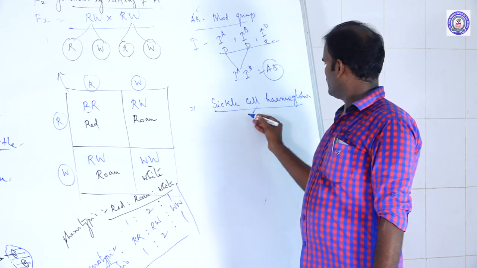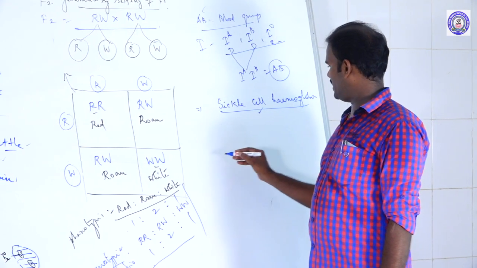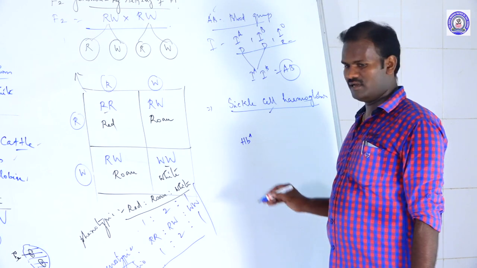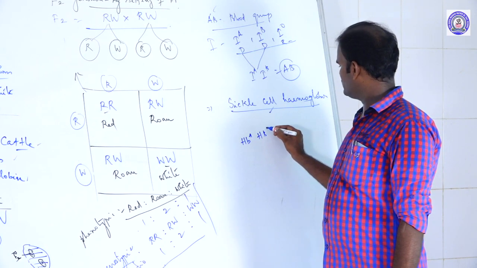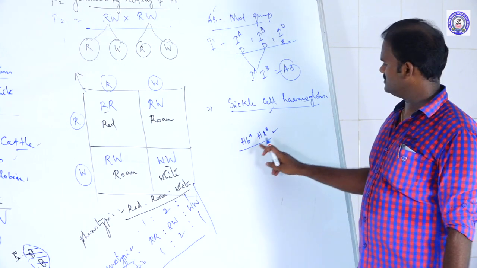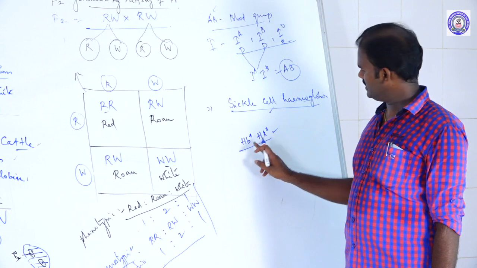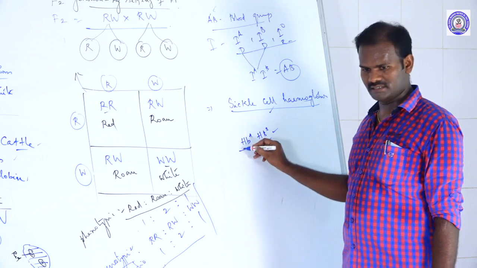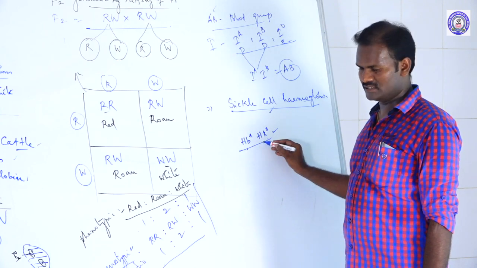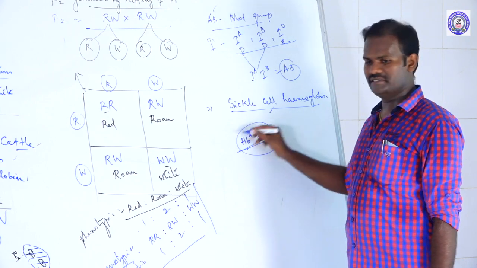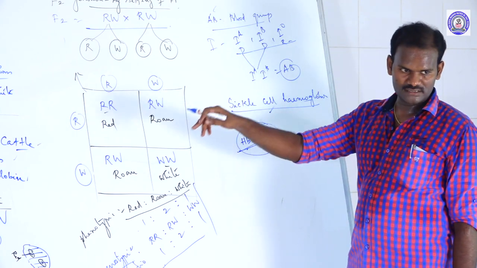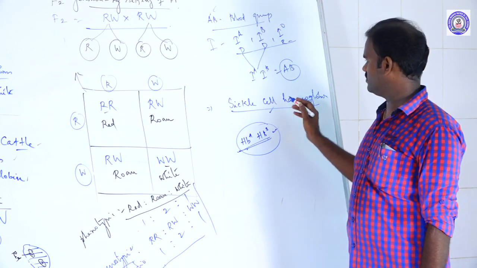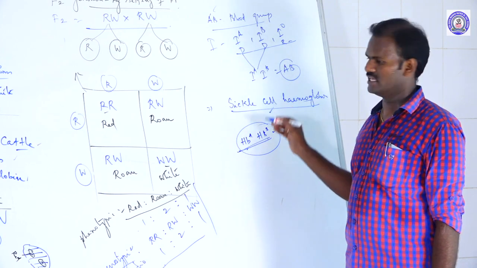Sickle cell persons have the alleles hemoglobin A normal and hemoglobin S. The person is in a heterozygous condition, as each character is controlled by two alleles: HBA normal from one parent, HBS from the other. The heterozygous state is a codominance. We are going to discuss it in detail under pleiotropism, for example sickle cell anemia.